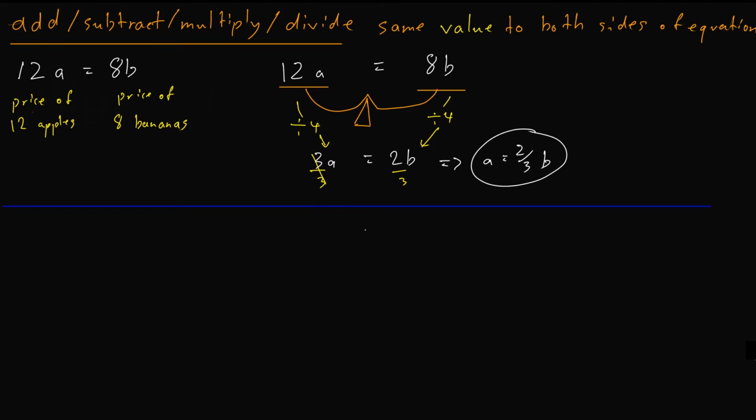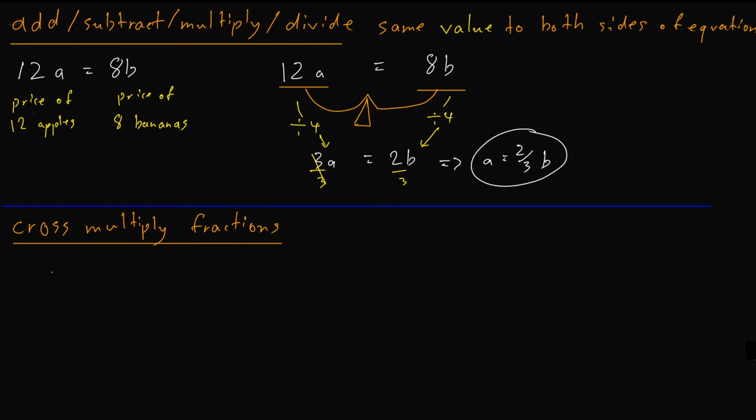Next, we'll take a look at a more advanced way of multiplying both sides by the same value when we cross multiply fractions. All right, so what do we mean by this?